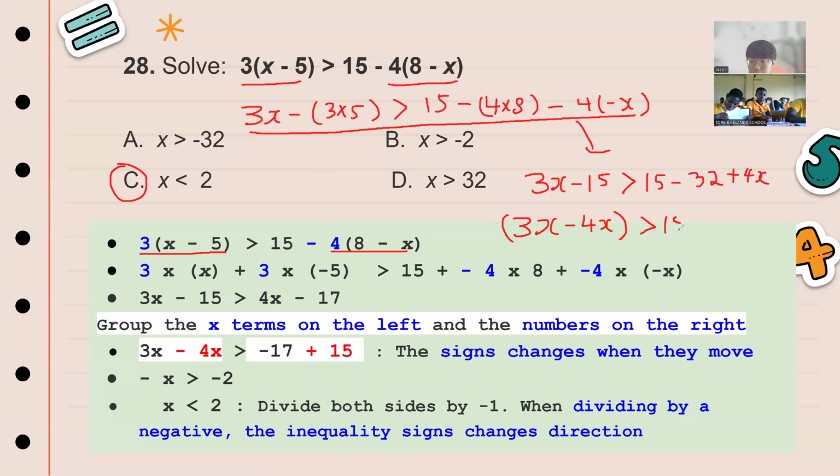So it becomes 15 minus 32 plus 15. And what does this become? This becomes negative x is greater than negative 2.